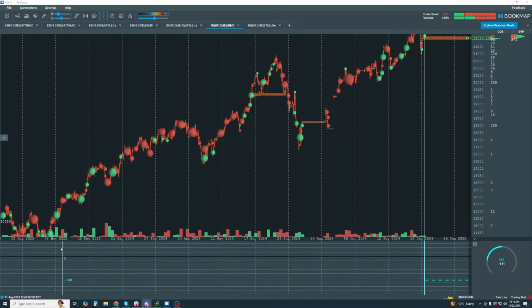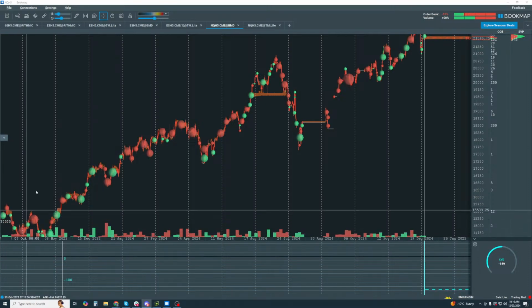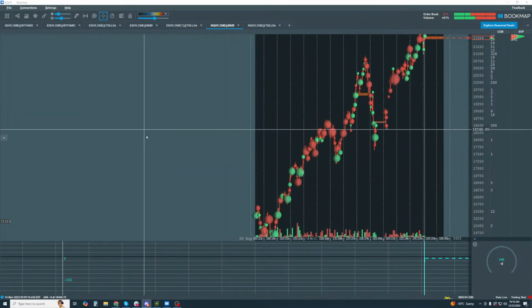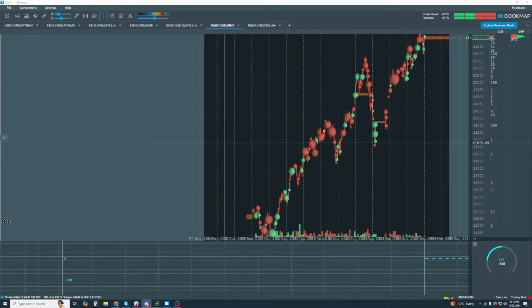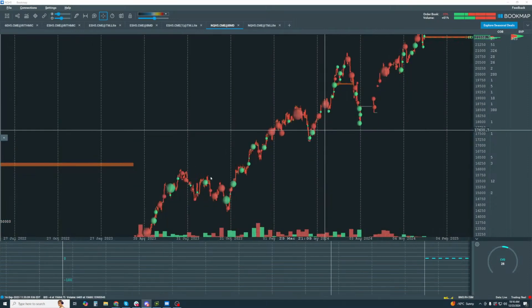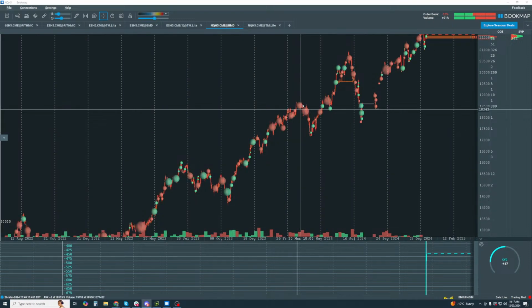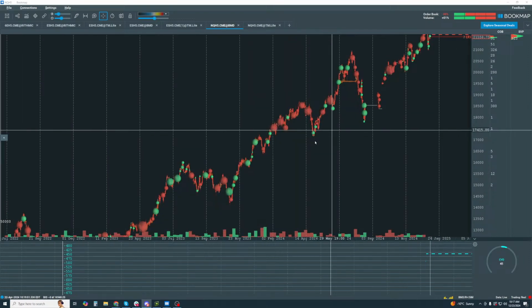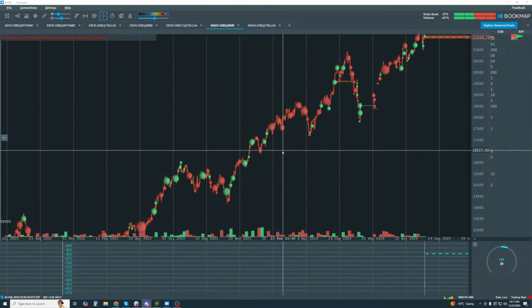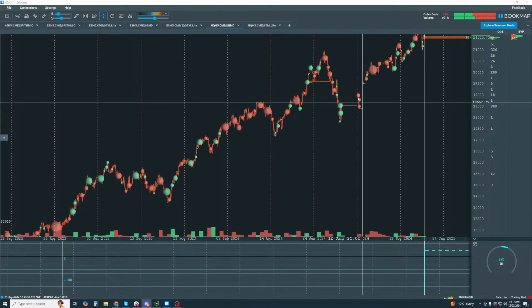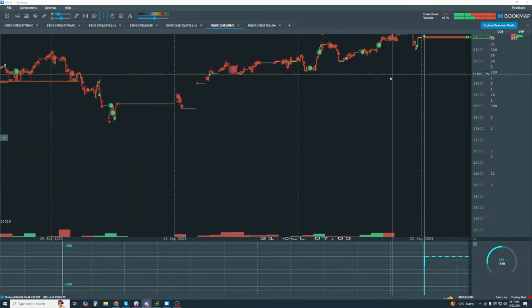Here we're back in 2023, May or October, I'm sorry, that's November. I can go back even more, up to like 3 years of data in Bookmap. This is amazing. We've been working on this for a long time, and it's not perfect yet, but we're still working on it.